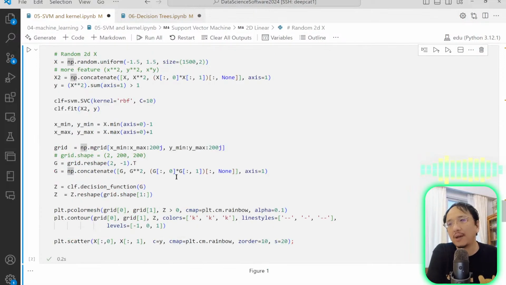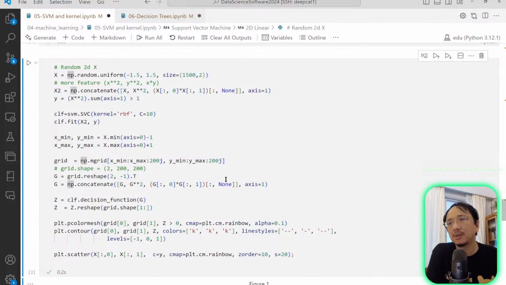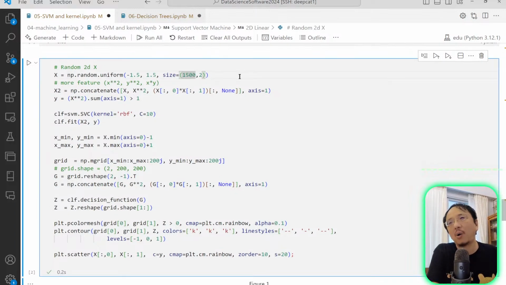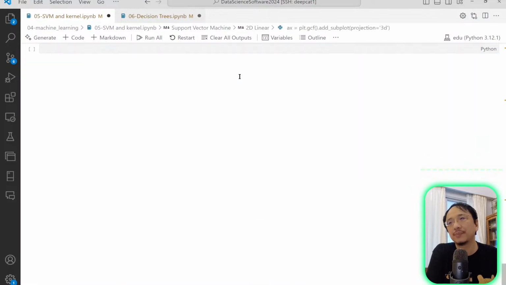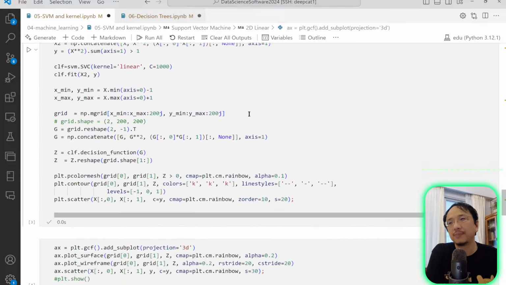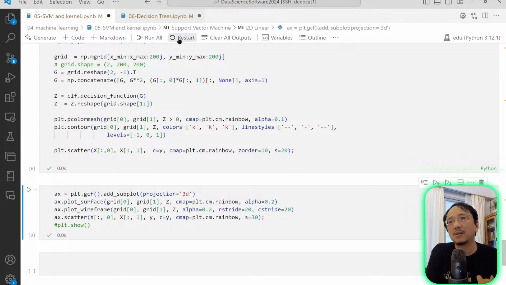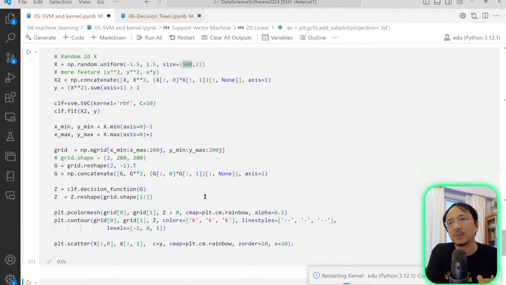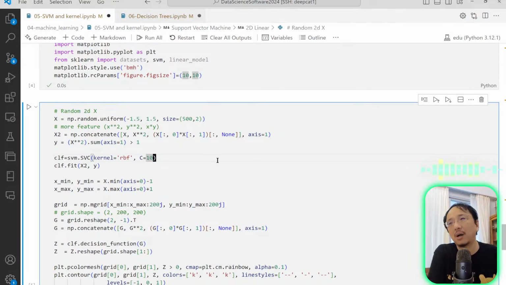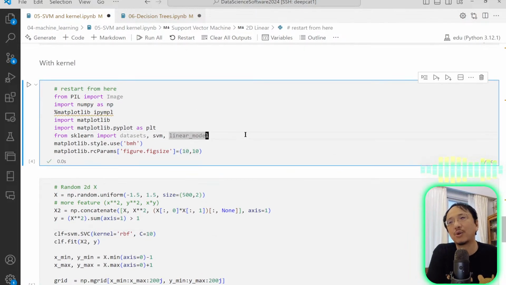How many samples do we have? We are using RBF here, and our C is 10. You can change to different C. We have 1,500 samples. Let me choose just 500 samples and restart.